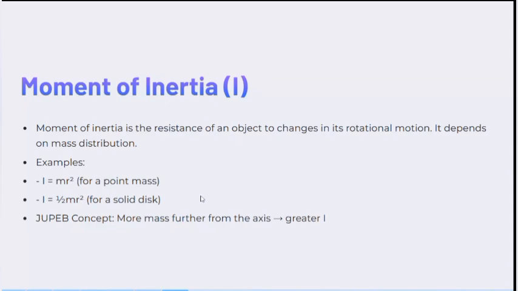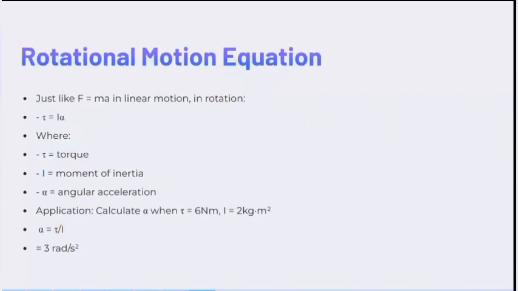Let's move on to rotational motion equations. These are generalized equations that relate moment of inertia, torque, and angular velocity. According to normal Newton's law, there's a force formula that says F is equal to mass times acceleration.